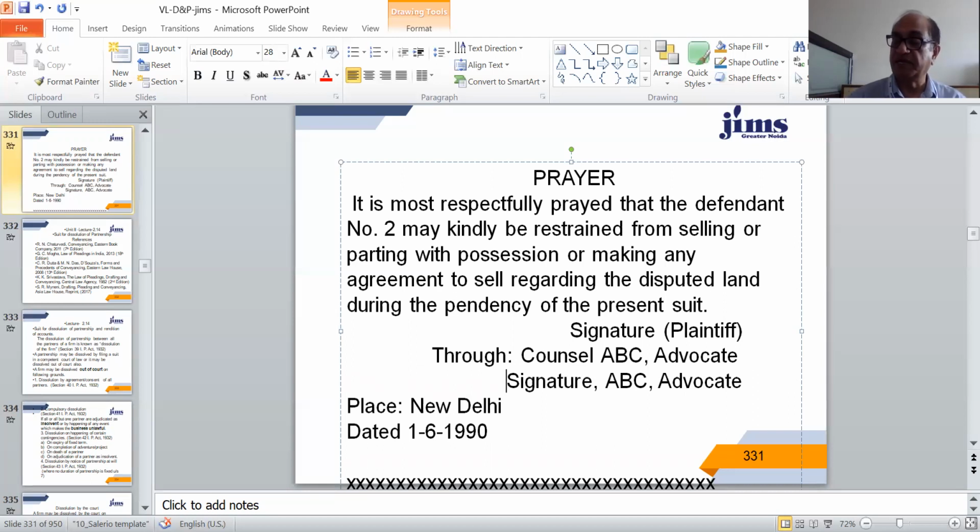And the life of the temporary injunction is as fixed by the court or maximum during pendency of the suit. When the suit is finally decided, either it is decreed or it is dismissed, the life of temporary injunction comes to an end.